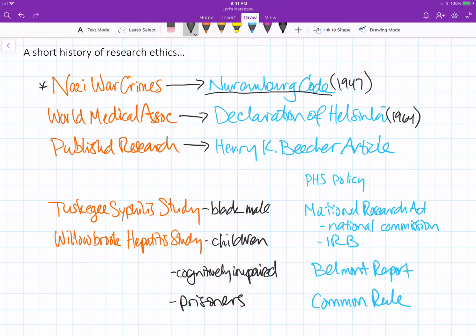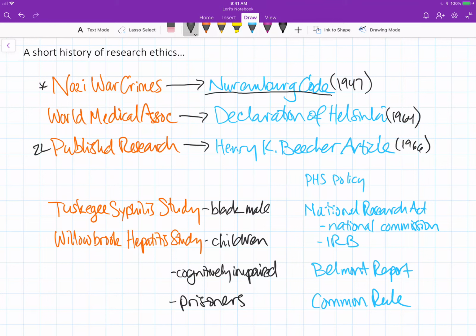And then in 1966, a couple of years later, Henry K. Beecher published an article where he had reviewed 22 published research articles, many of them in prominent medical journals, where he pointed out a variety of breaches of research conduct.